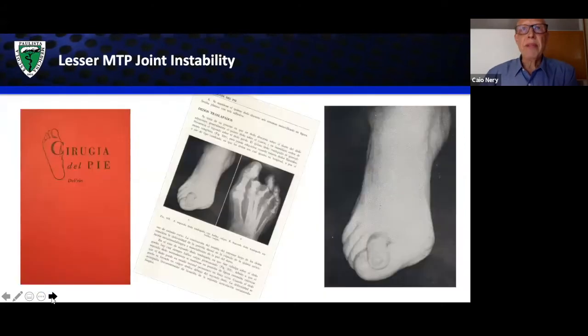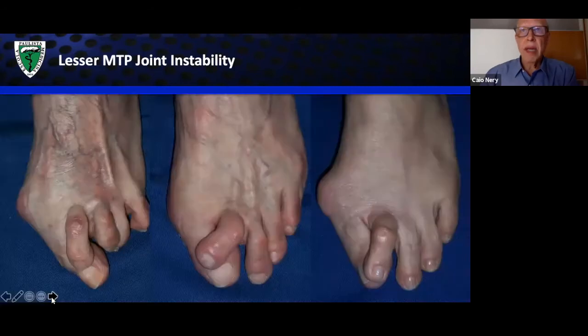The first mention in the literature of the overlapping toes is due to Henry de Vries in his first book, Surgery of the Foot, published in 1959. De Vries suggested some years before that the second MTP joint was the most frequently dislocated joint of the human body.